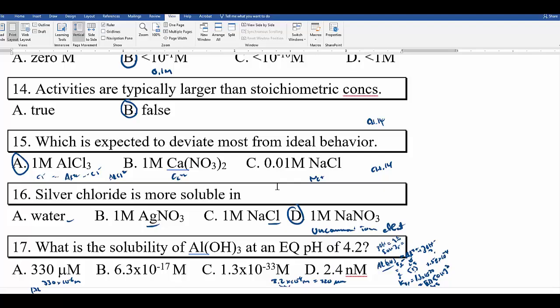So let me double check my calculation here. So pH of 4.2 gives me a pH of 9.8. Oops, I just screwed it.